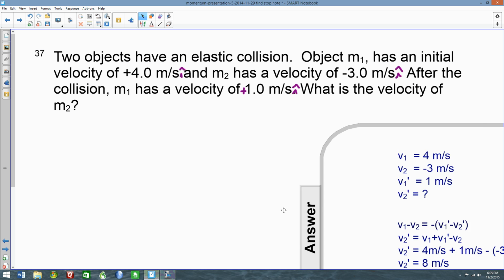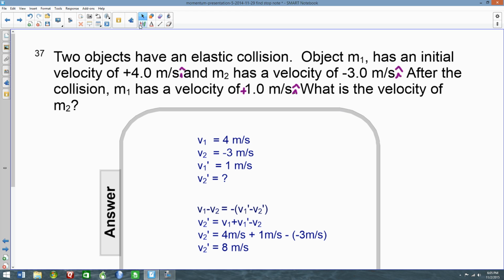Okay, let's see if you have the right answer. I'm going to go ahead and get my pen out. We know that the initial velocity was 4 meters per second I hat. The initial velocity for particle 2 is negative 3 meters per second I hat. V1 prime is 1 meter per second I hat, and we want to solve for V2 prime.